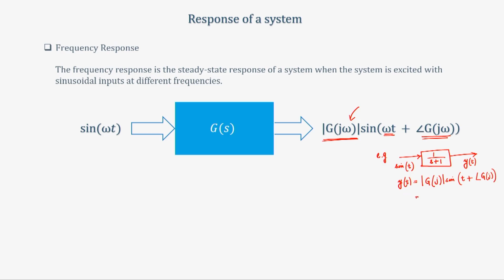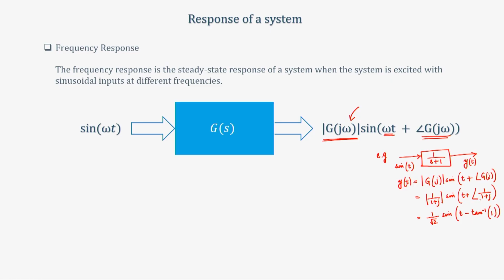What is the meaning of that? What is G(j)? G(j) is 1 by 1 plus j. Its magnitude times sine of t plus the angle of 1 by 1 plus j. And what is that? That is nothing but 1 by root 2 sine of t plus, this will become minus of tan inverse of 1 by 1, which is 45 degrees.